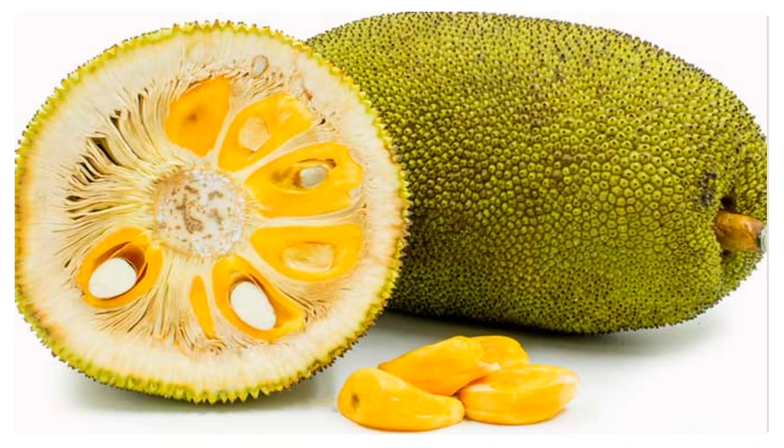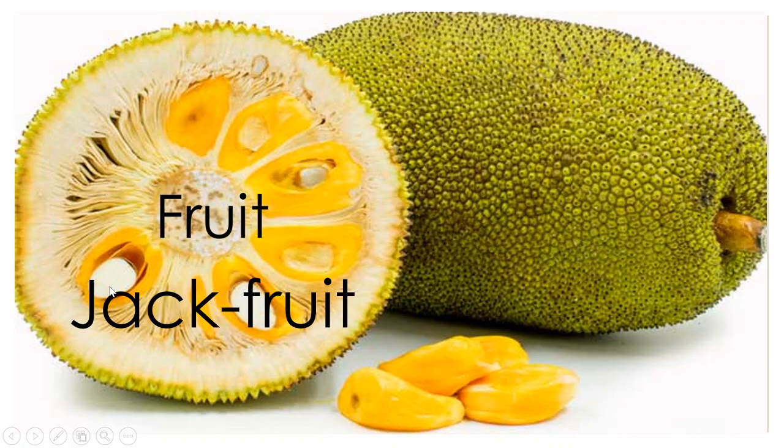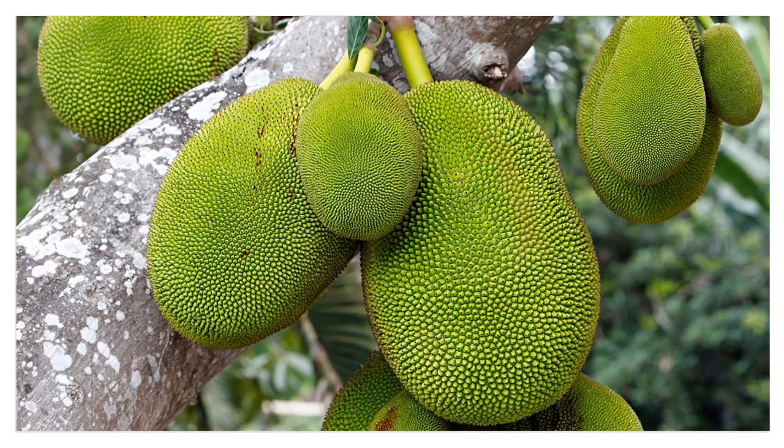Now look at the picture. This round thing has spikes upward and inside is fruit with seed. This is a fruit obviously and it is jackfruit. It's our national fruit. You can see it also has a woody stem and it carries its fruits on the stem.